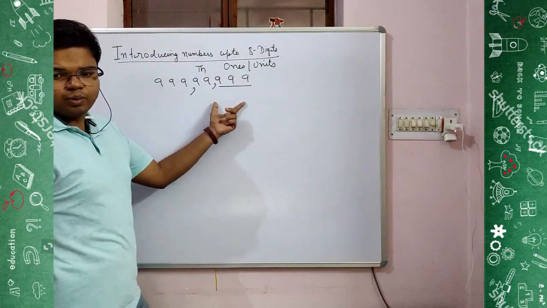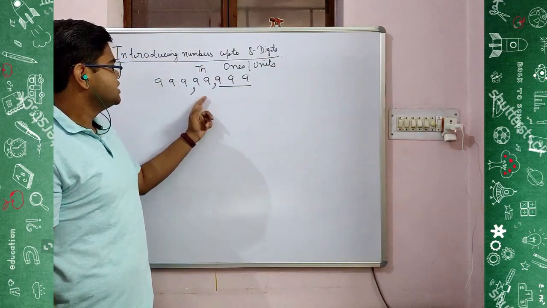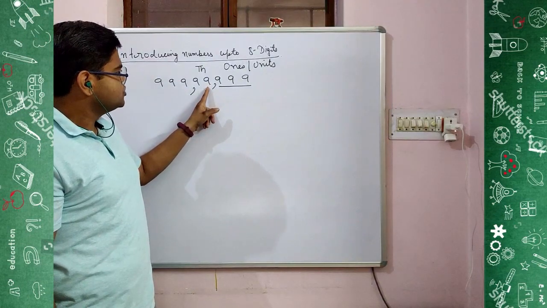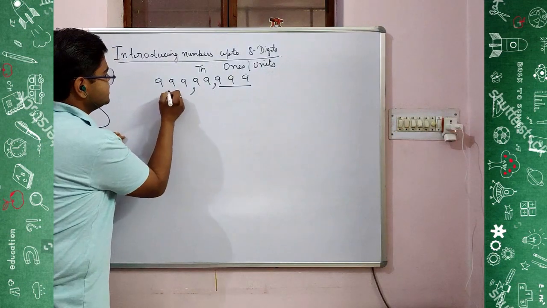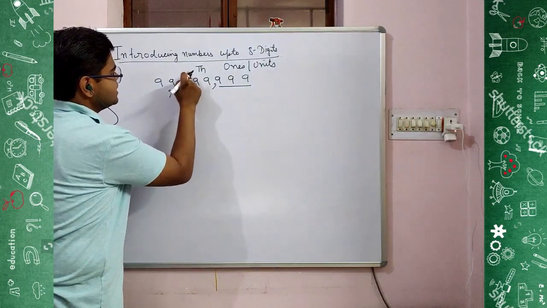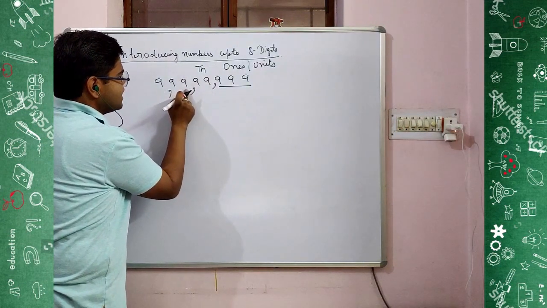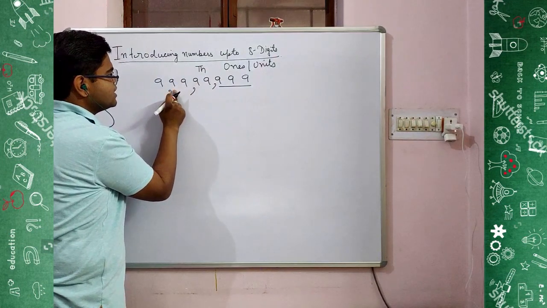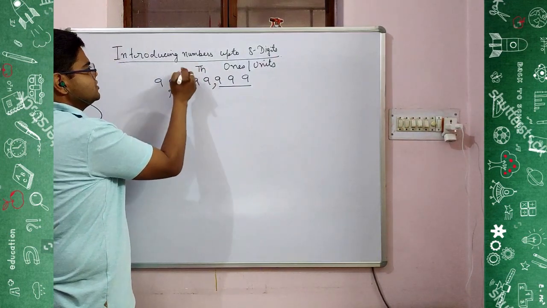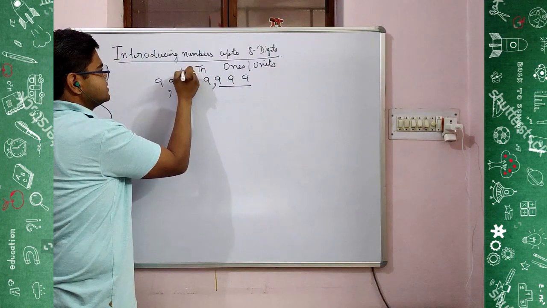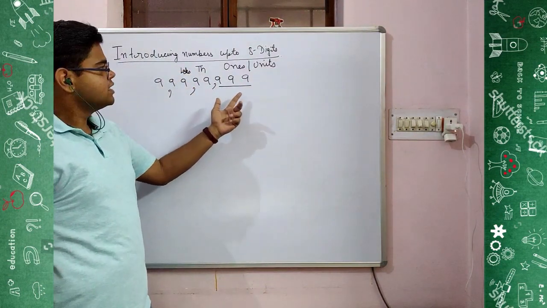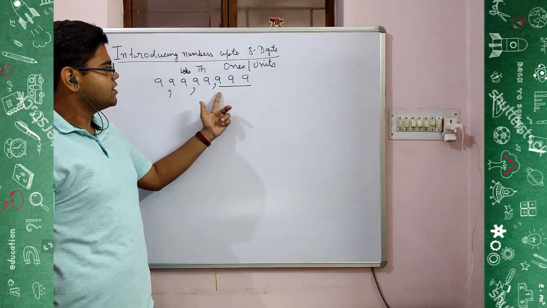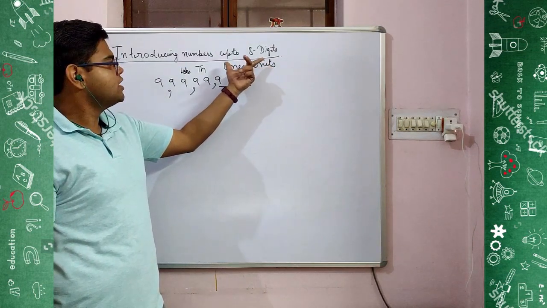These are your ones, then we have thousands. This is your 1,000 and this is your 10,000. After this, these two digits are called lakhs, 9 lakh, and with this it will be called 99 lakhs. So this is your lakh, okay?